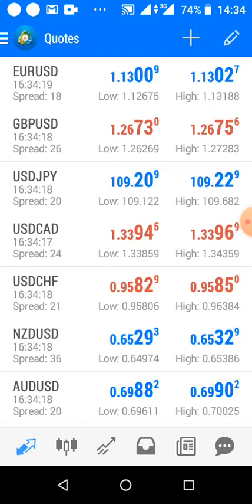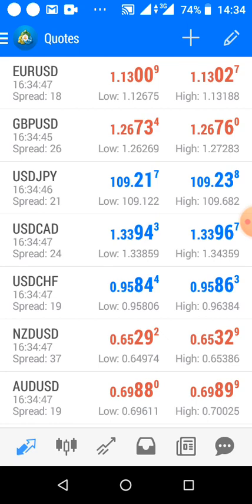That means Euro against US dollars. Currencies in the forex market are quoted in pairs. That's why you have all the markets here in pairs. You have EURUSD, that is Euro USD.